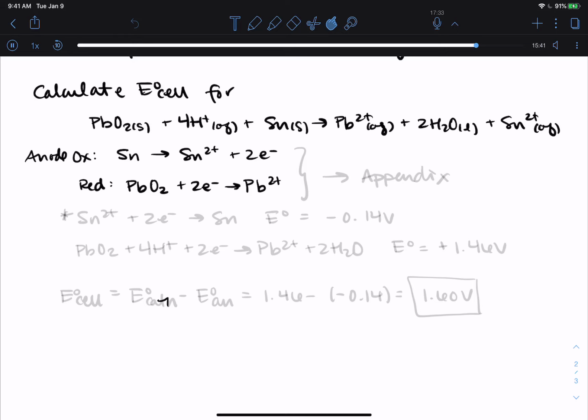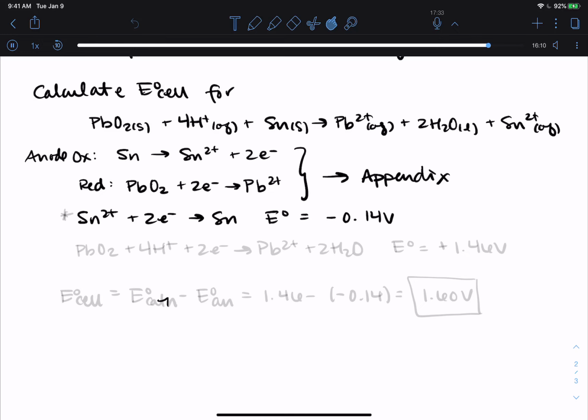All right, so we go to the appendix, and what we find are the following reactions. Tin 2 plus 2 electrons turning into solid tin has an electrode potential of negative 0.14 volts.